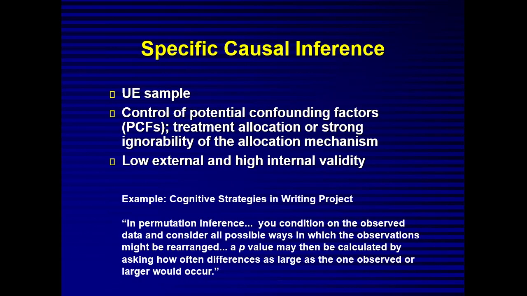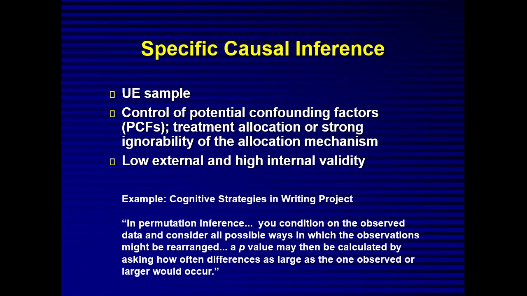The next kind of inference he refers to is specific causal inference. In this, you have uncertain exchangeability of your sample with population values. So, for example, you have convenience samples. But this time you did something to control potential confounding factors.